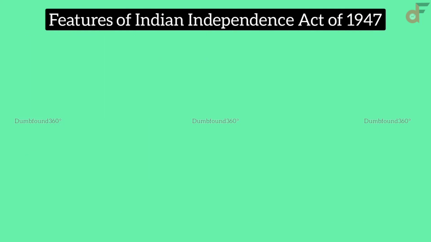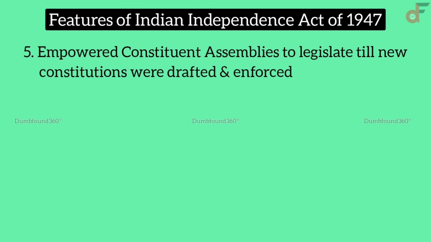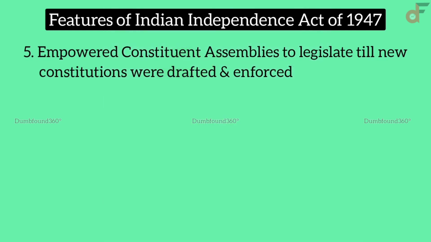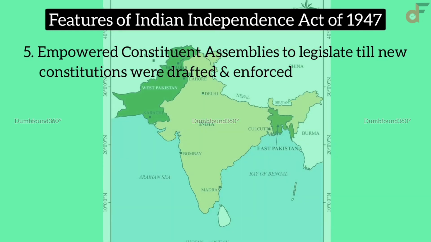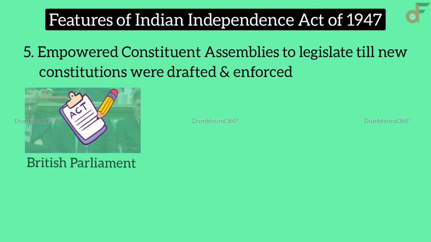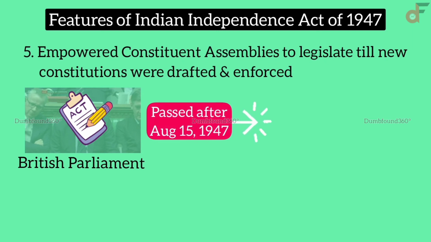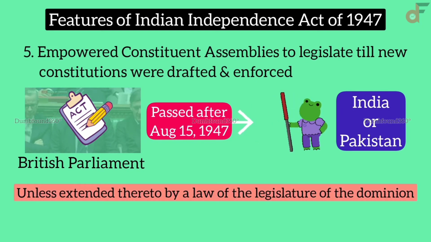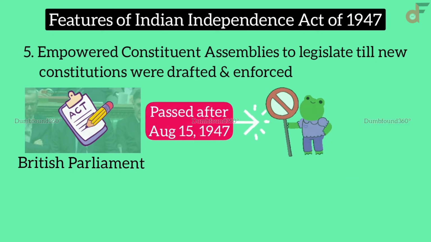5. It empowered the constituent assemblies of both the dominions to legislate for their respective territories till the new constitutions were drafted and enforced. No act of the British Parliament passed after August 15, 1947 was to extend to either of the new dominions unless it was extended thereto by a law of the legislature of the dominion. 6.